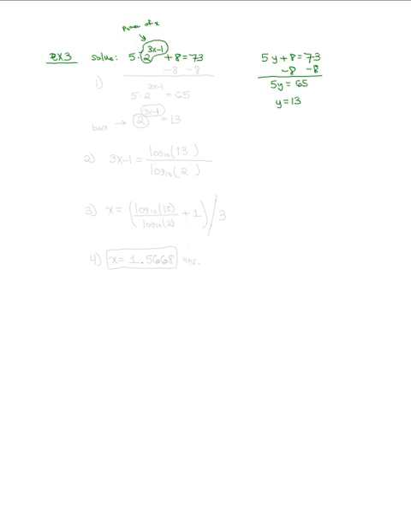You're going to do the same thing over here. You first have to subtract 8 from both sides, and then you get 5 times 2 to the 3x minus 1 equals 65. Then divide both sides by 5, and you get 2 to the 3x minus 1 power equals 13. So what we just did here is all step 1, isolating the power of x.